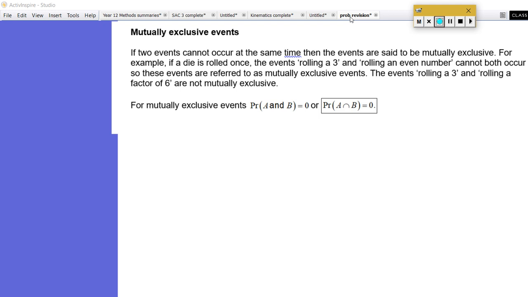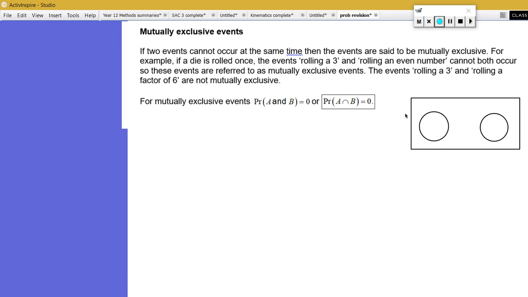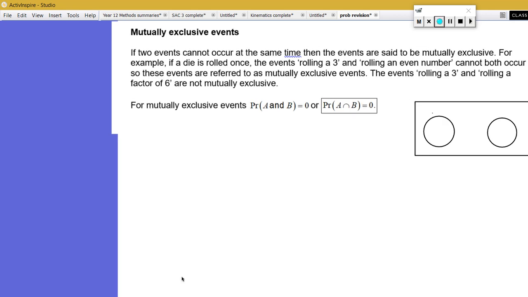Now, mutually exclusive events mean that the two things cannot happen simultaneously, or in other words, there's no intersection. I find the easiest way to remember what it means for events to be mutually exclusive is to have a Venn diagram where there is no overlap. So the Venn diagram makes it really crystal clear that the intersection is equal to 0.